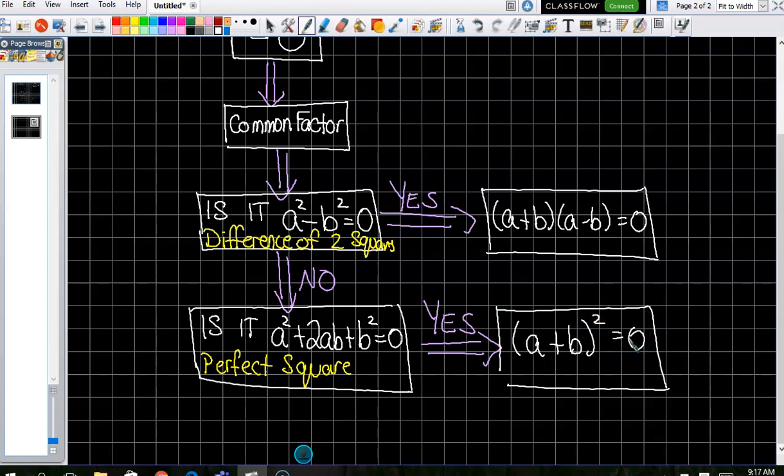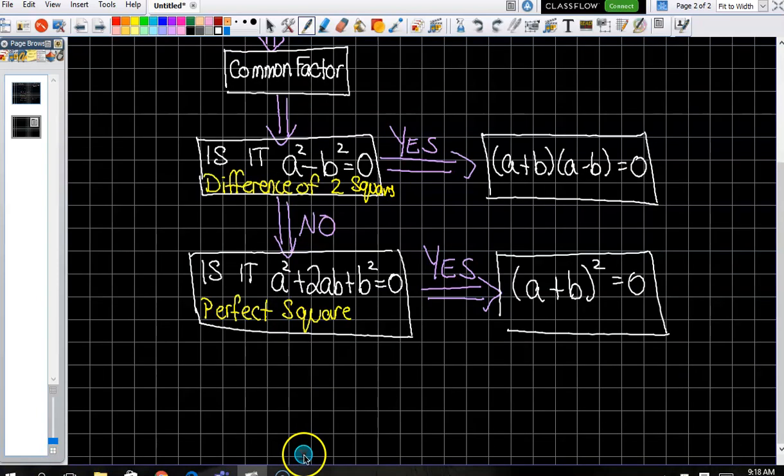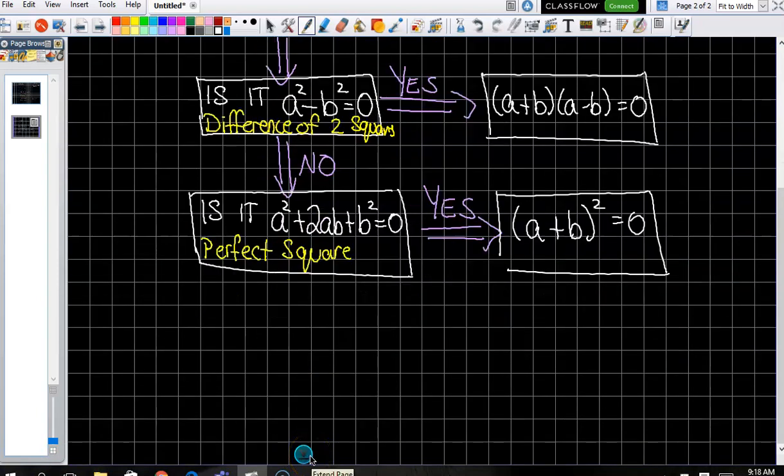So you've run through: we've pulled out the common factor if it exists. It wasn't difference of two squares. It wasn't a perfect square. If it's not a perfect square, what are you left with? The sum and product, that's right.